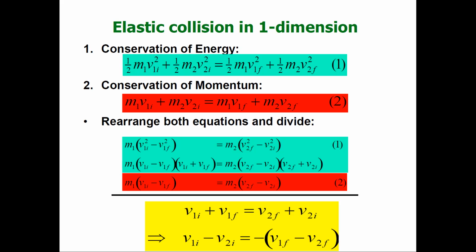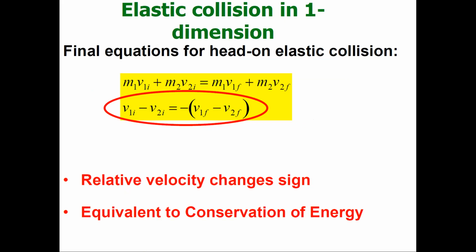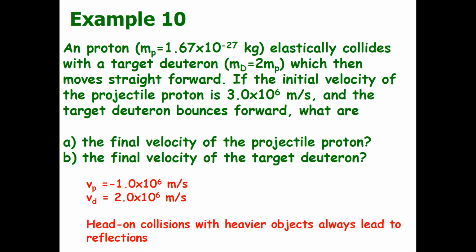Conservation of momentum: momentum before collision must be equal to momentum after collision. That example you may go through it; it's just the same as the one we just looked at.